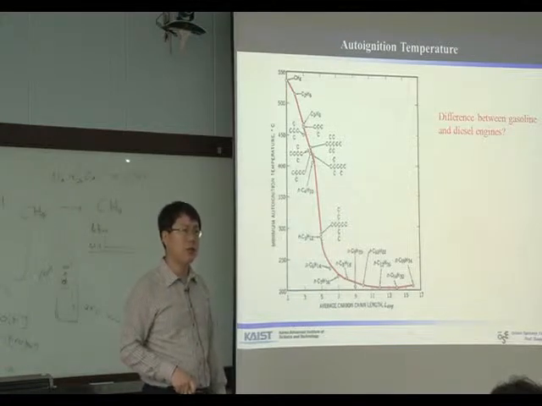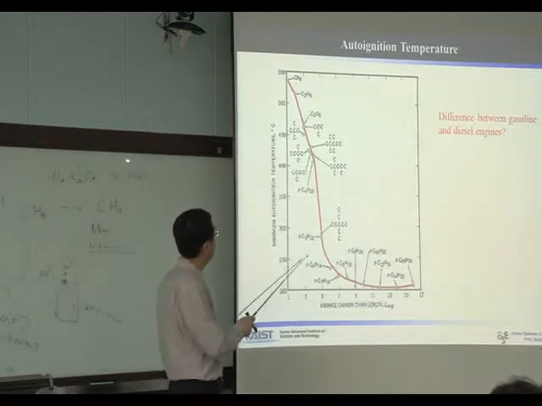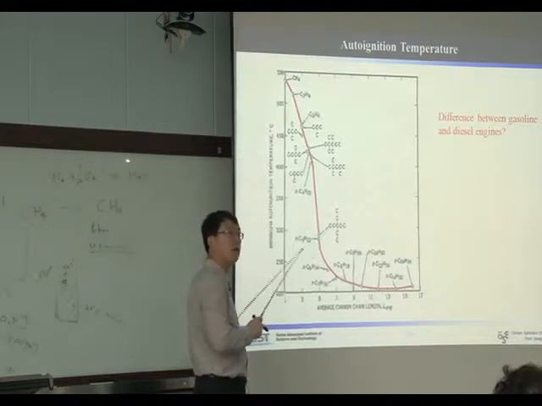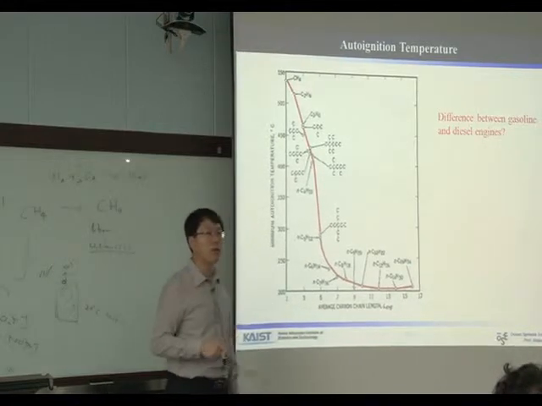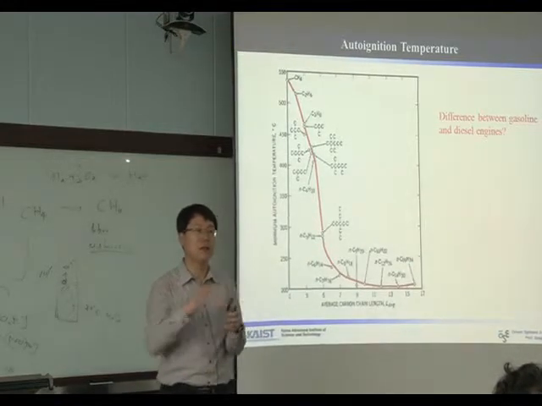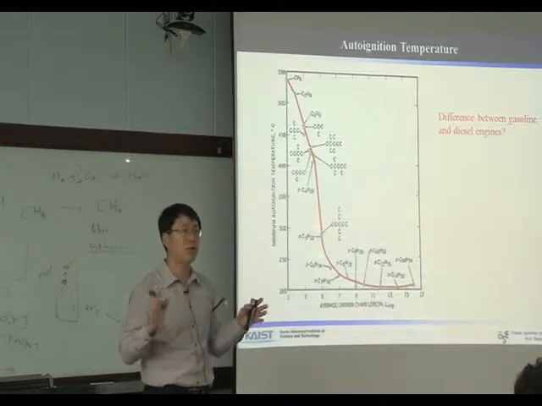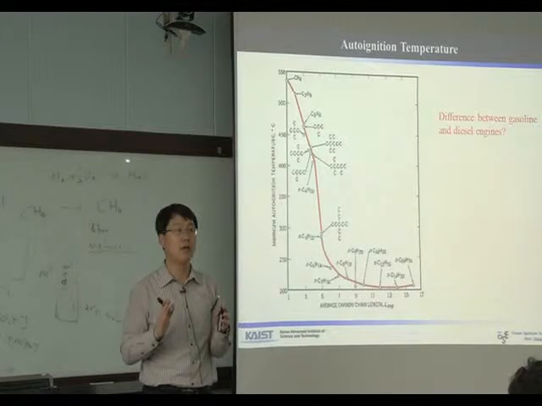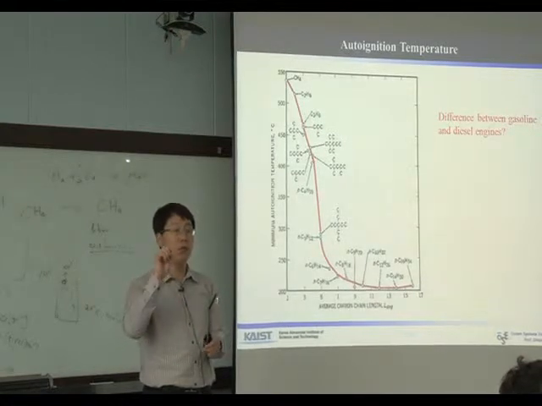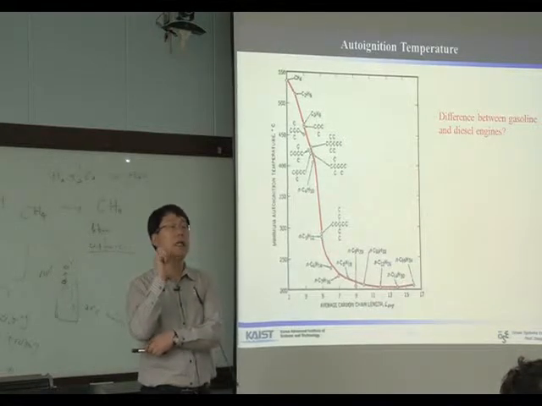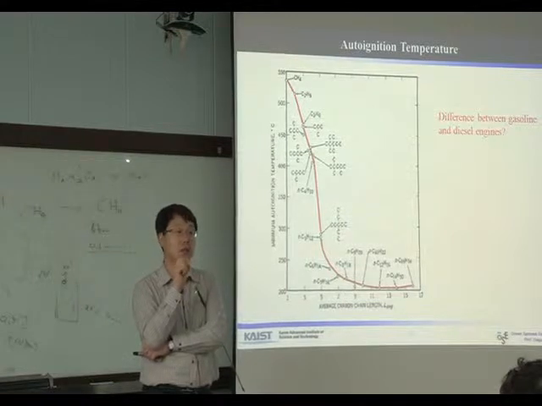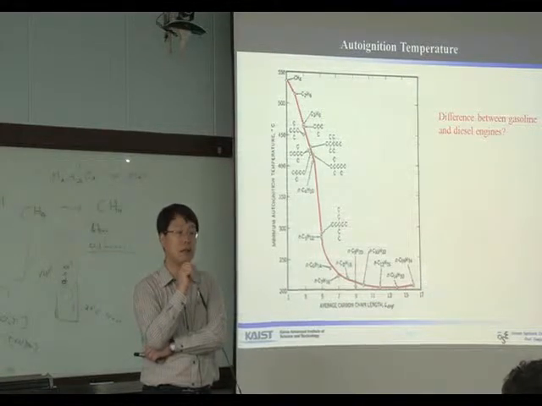And how about the gasoline? This is the main composition of gasoline. Sometimes it's very hard to reach the temperature around 300 or 350. So typically we give an external ignition source for the gasoline engines.